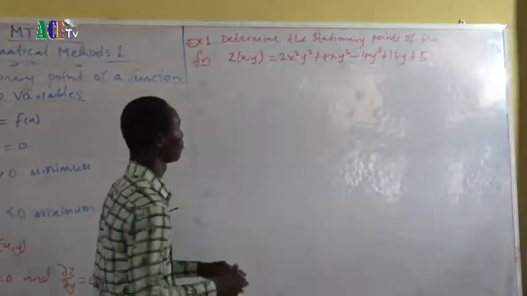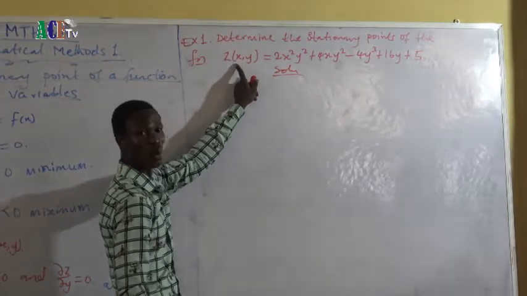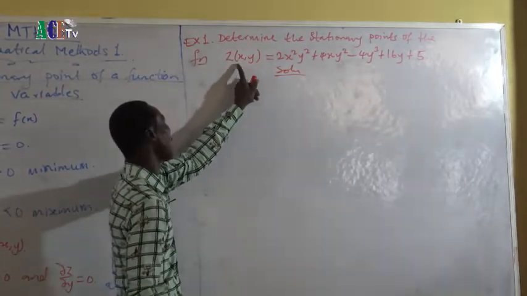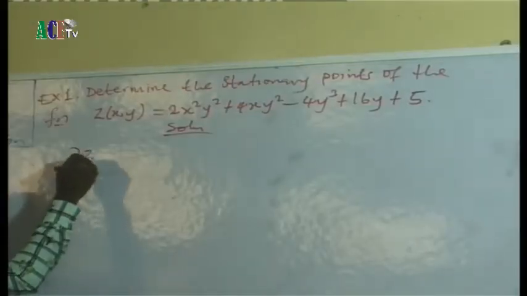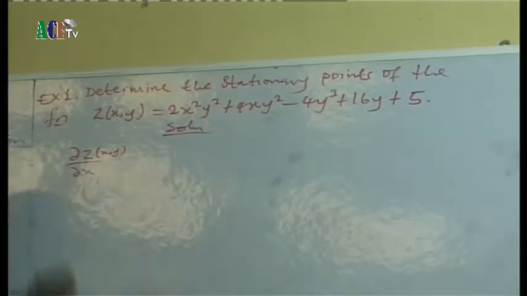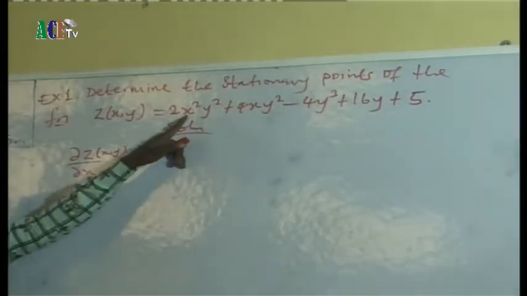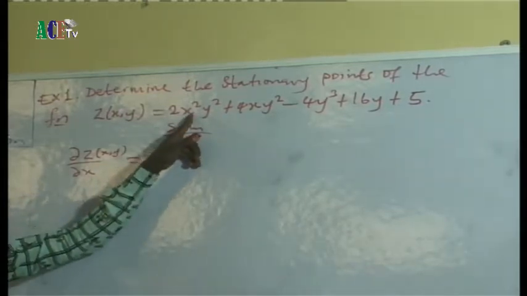Very simple. Solution. My z of x, y is this. The first thing I will do is differentiate this function with respect to x, that is ∂z/∂x. Here, I will consider only x.